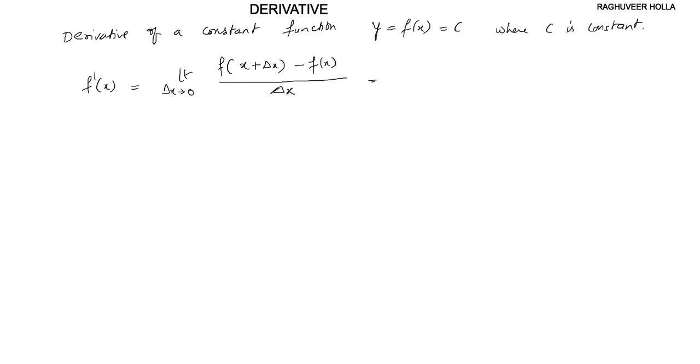So this would be the limit as delta x tends to 0 of c minus c divided by delta x, which is equal to 0. Or you can consider it as d by dx of c, which is 0.